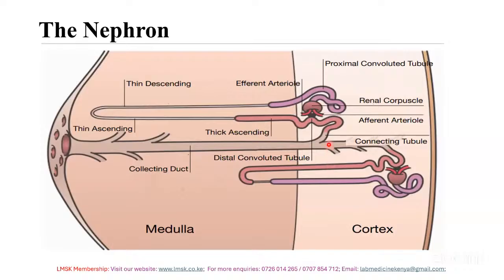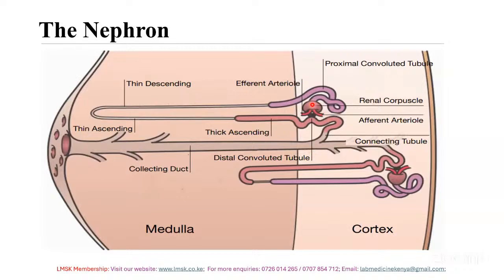So this is basically the structure of the nephron, and materials will come in via the afferent arteriole here, get into the Bowman's capsule, and then leak into the renal tubule here, starting from the proximal convoluted tubule, going all the way this way until they empty this way. So that's the movement of materials.